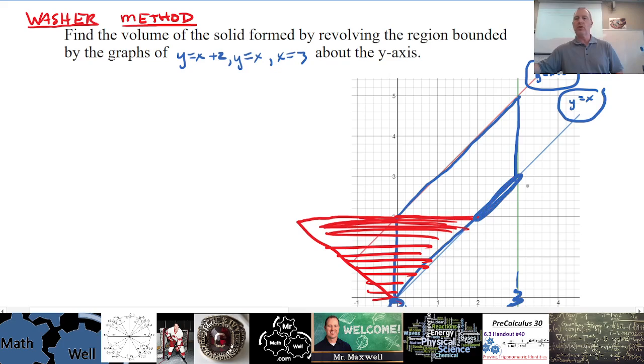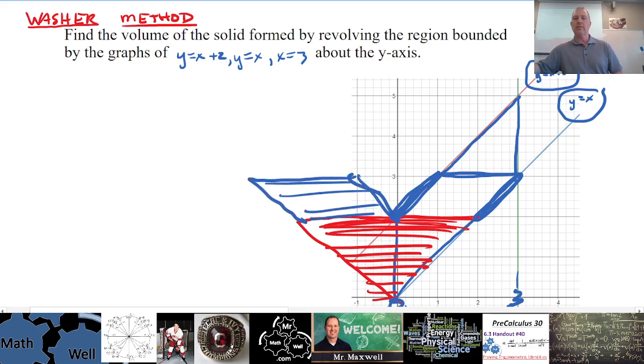I have to consider this function, y equals x, and this function right here, y equals x plus 2, but I have to cap this right here. Now I take the blue graph, and I have to flip this around in space. So there's part number 2.